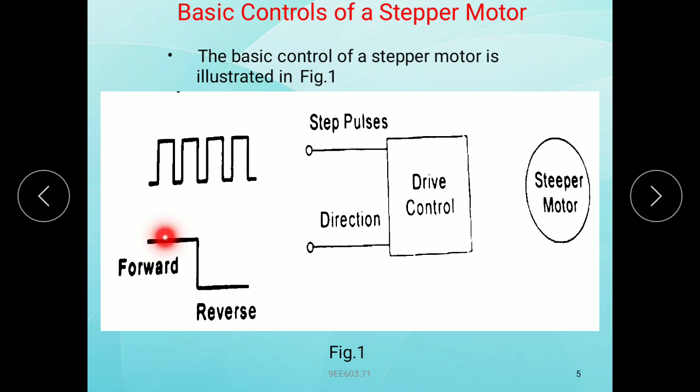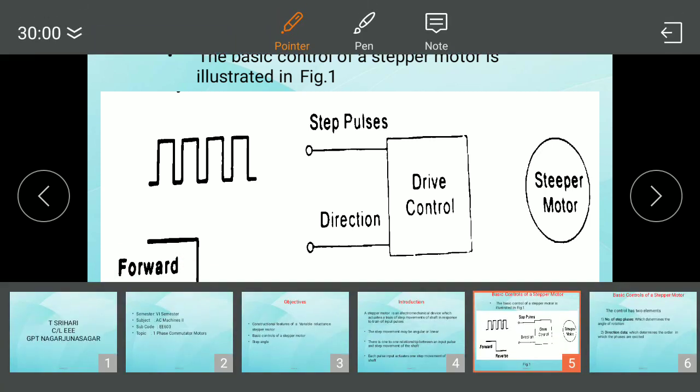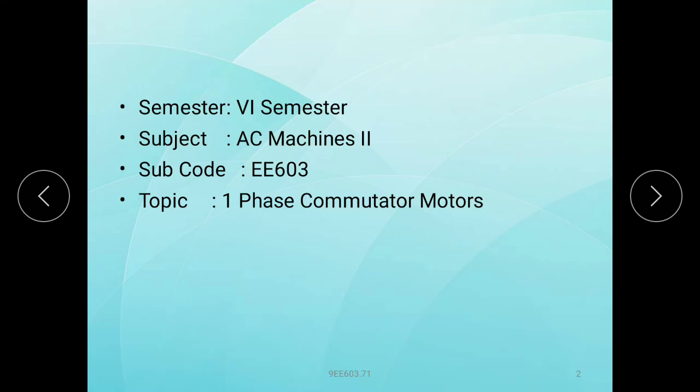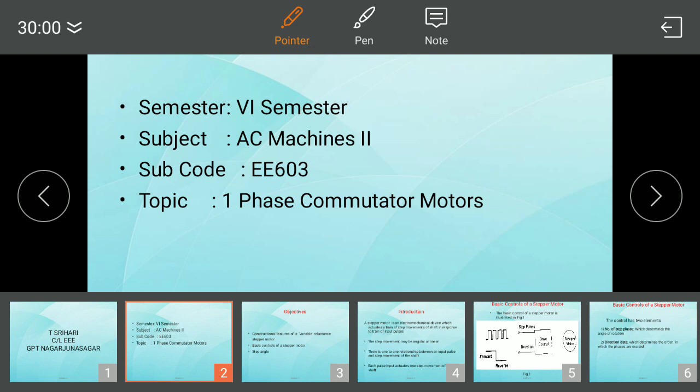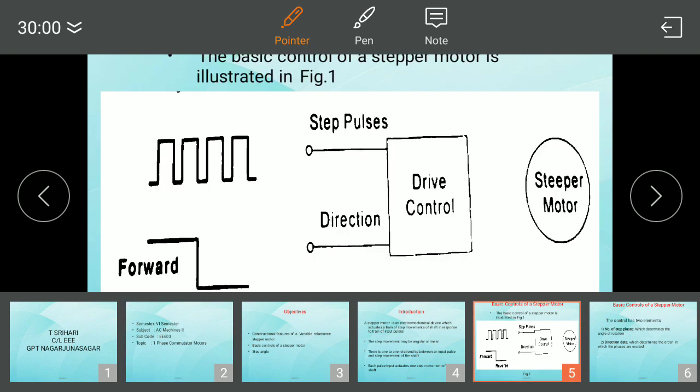So positive gives the forward direction only. If we want reverse, then activate this one. So forward and reverse give the directions.